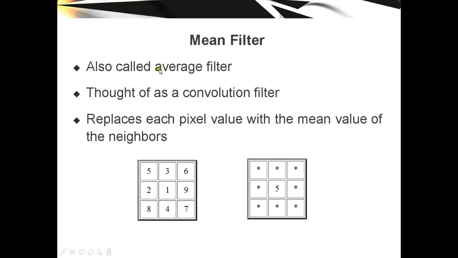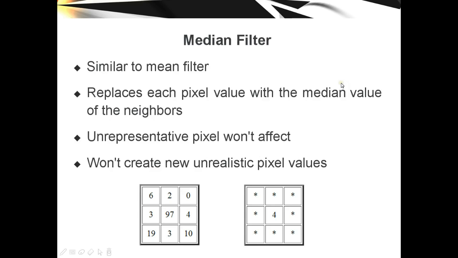What the mean filter does is replace each pixel value with the mean value of its neighbors. So the mean or average value in this kernel is 5, and it will replace each pixel value with 5 here, and do the same for the next kernel.